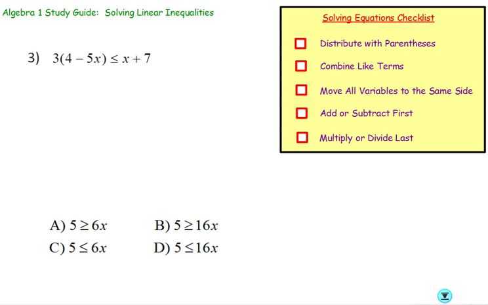So we know that by now our first step is we're always looking for parentheses to see if there's any distributing that needs to take place. I do see some parentheses right there, so I know I'm going to have to distribute. So let's take that 3, and again I'm circling it. And make sure you're doing these things, right? So one of the things that we want to make sure we're doing is that we're interacting with our work to make sure that our head's in the game.